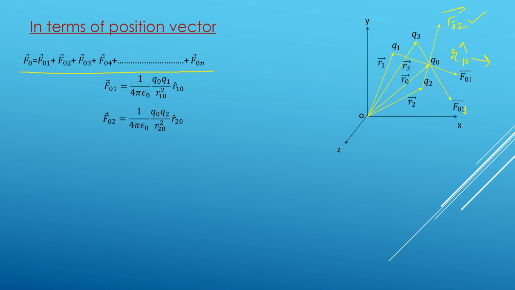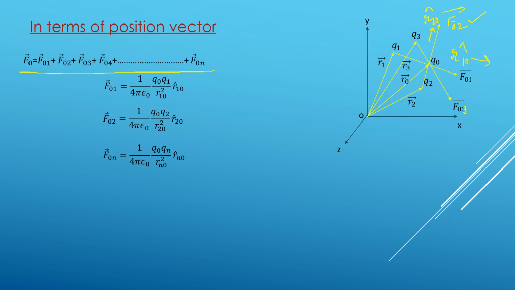This will be along this direction, along the direction of F naught 2. Similarly, the force between Q naught and the nth charge is 1 upon 4 pi epsilon naught, Q naught Qn over Rn naught squared, Rn naught cap.